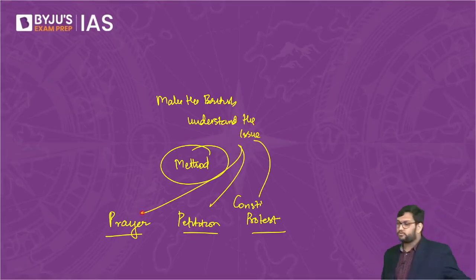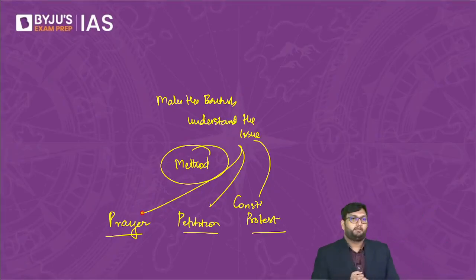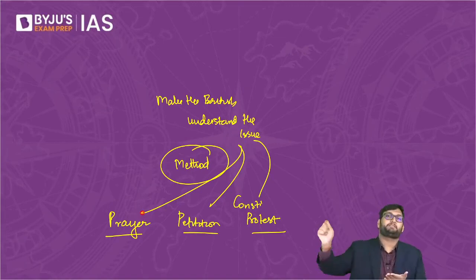So they will go to the British and say, please help us. Please, you should not exploit us. I am writing a petition that please help us, please give us positions in the ICS. You are the mighty British.